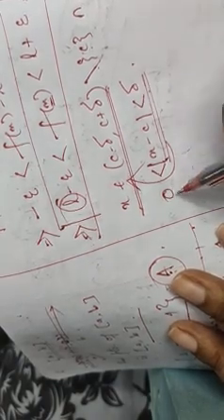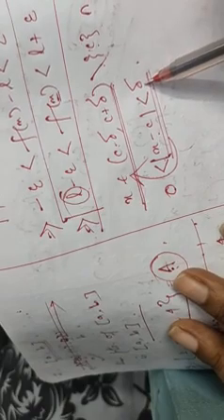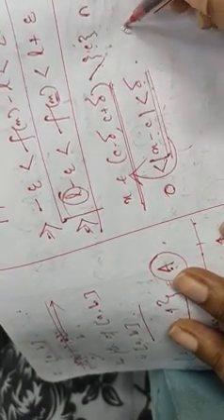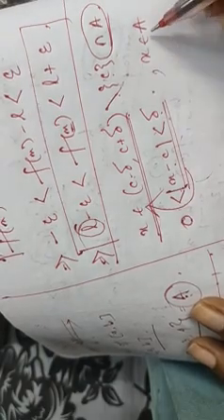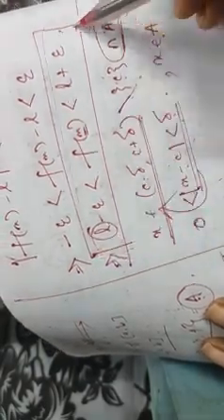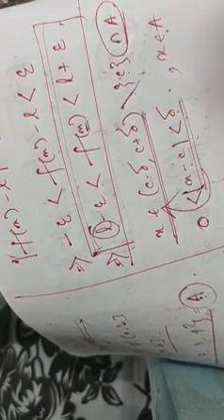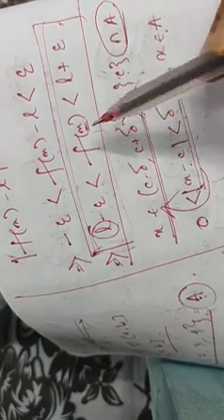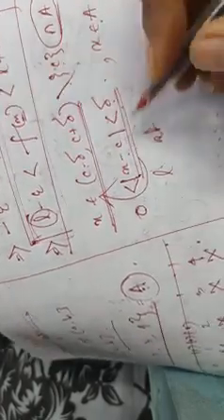So for all x with 0 less than modulus of x minus C less than delta, and x belonging to A, because there is intersection A, if it satisfies the condition L minus epsilon less than f(x) less than L plus epsilon, then we will say that this function f has a limit L at the point C.